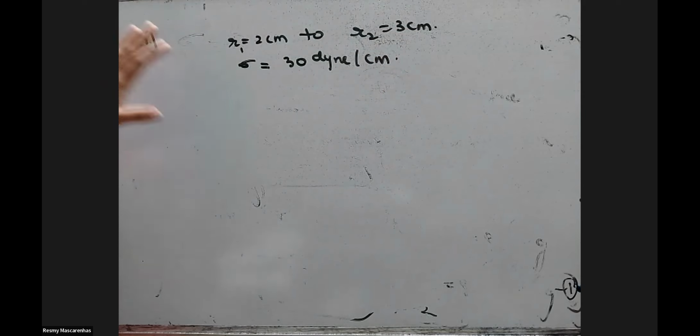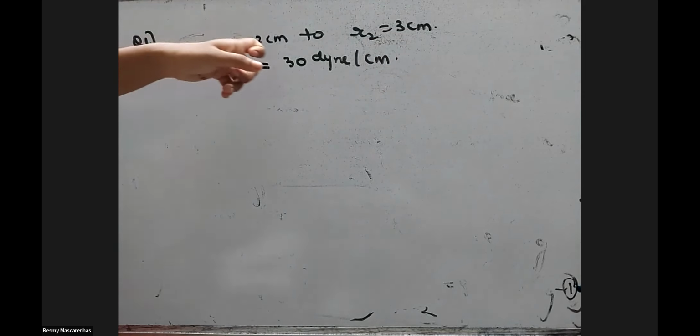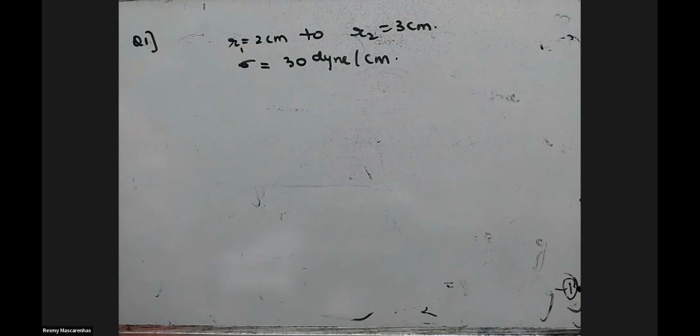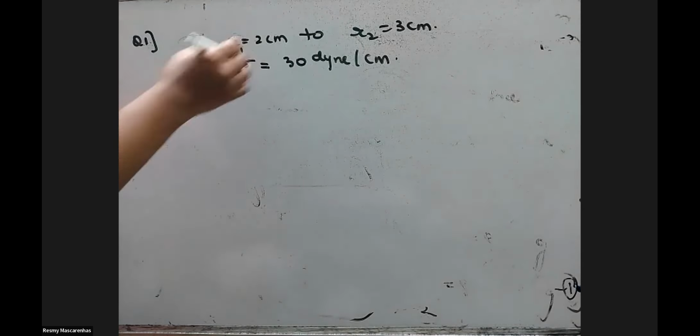Calculate the work done. Now work done, we have seen the formula, is nothing but surface tension into change in the surface area. Now this is a soap bubble, so we have to calculate the surface area of the soap bubble. What is the surface area of a sphere?